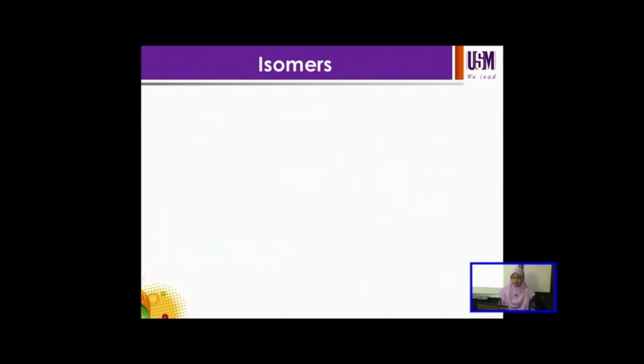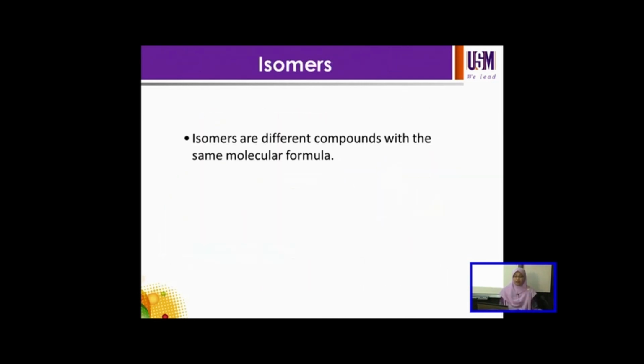Okay. So what is an isomer? Isomers are different compounds with the same molecular formula. Just now we discussed cellulose and starch. Cellulose and starch have different 3D structures, but their molecular formula is the same, C6H10O5.